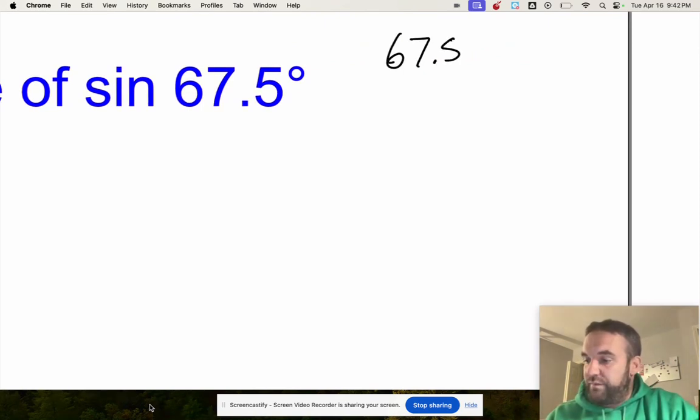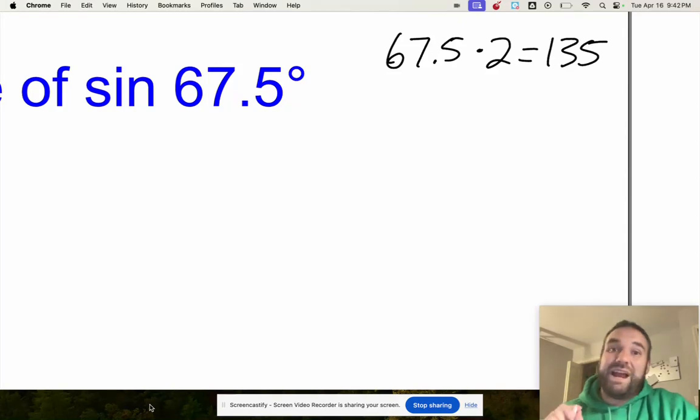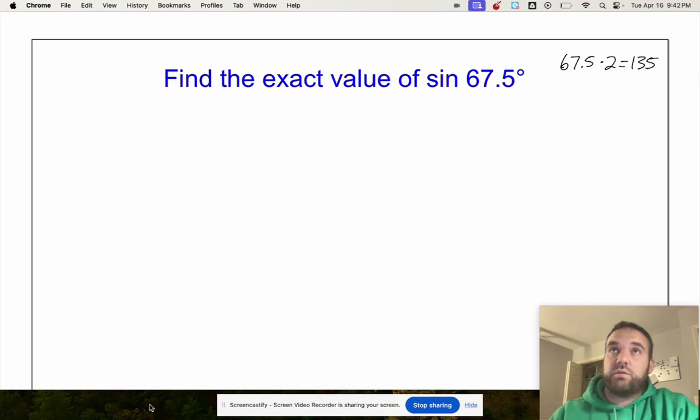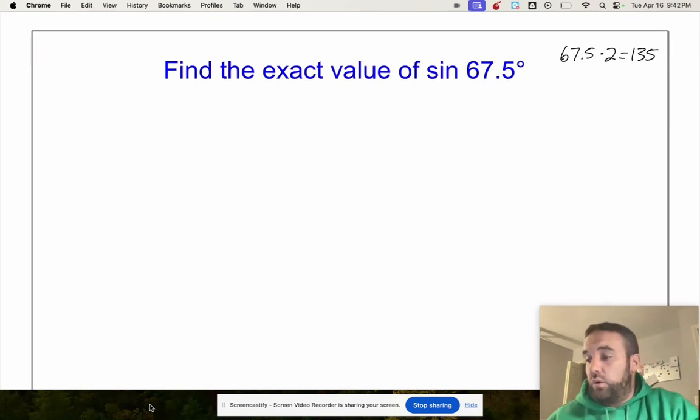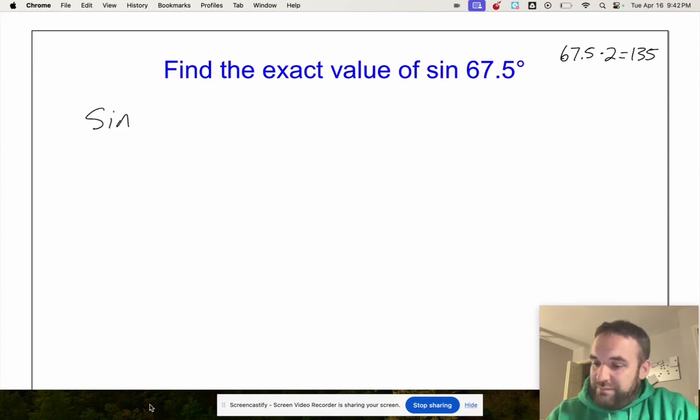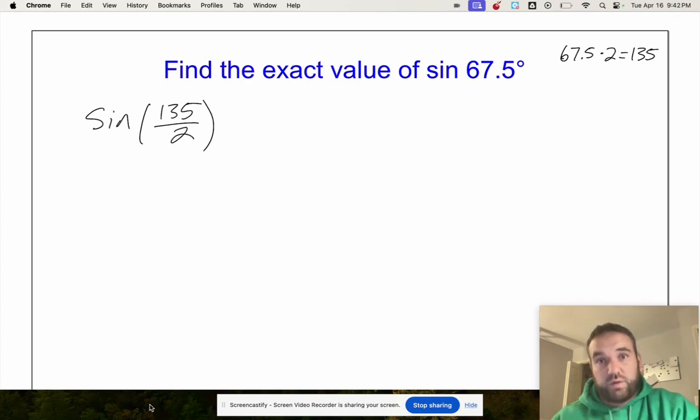But 67.5 doubled is 135, and 135 is a degree on the unit circle. It is the same as 3 pi over 4. So I'm going to say I'm trying to find the sine of 135 over 2, because half of 135 is 67.5. So now this effectively is going to be treated as my x from the formula.